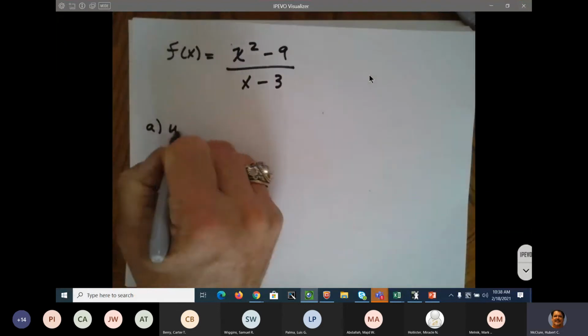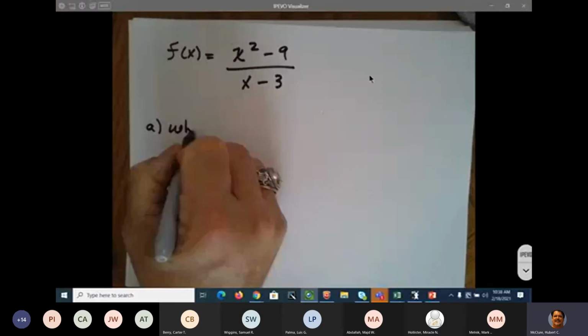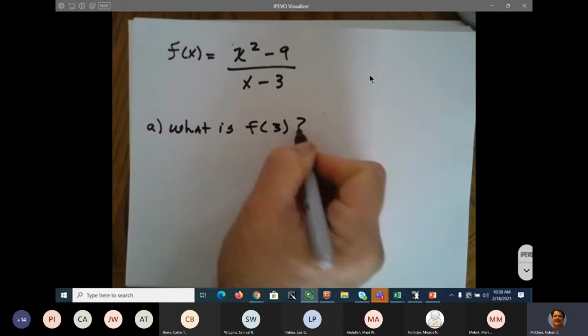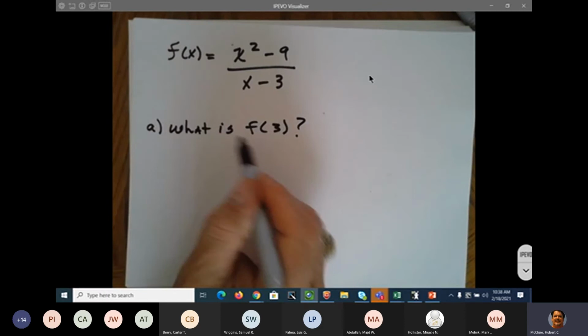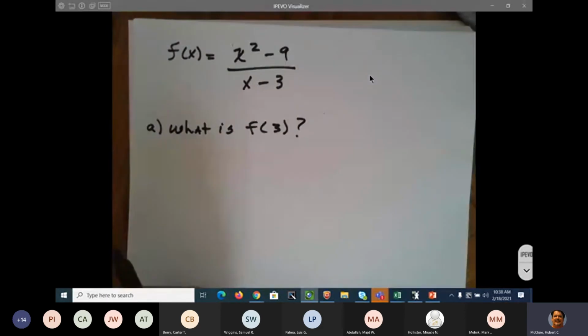A. What is f of 3? Now, this is a standardized test question also. They love to put these on standardized tests. Why? Because students miss them. Somebody tell me what you think the answer is.